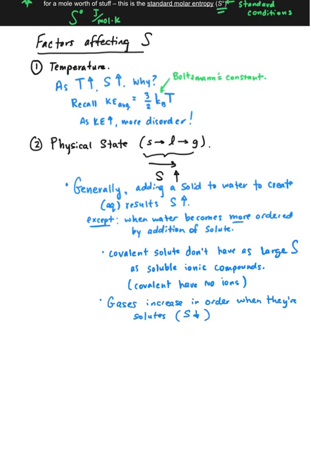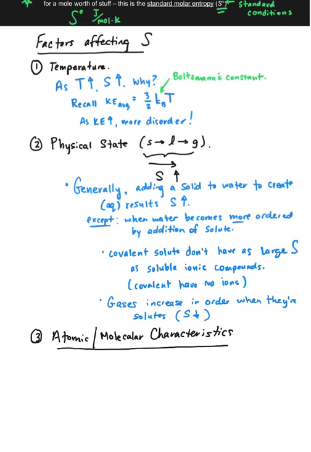And the last factor or set of factors that affect entropy are general atomic or molecular characteristics. We're going to say a little bit about what we mean here, but there are a wide variety of factors affecting the characteristics of an atom's or molecule's entropy.